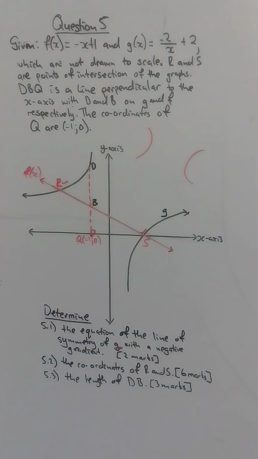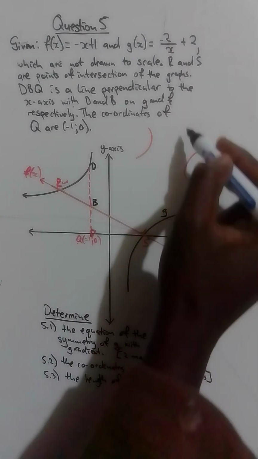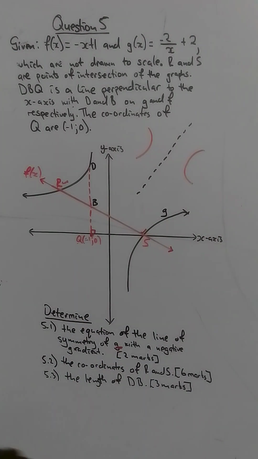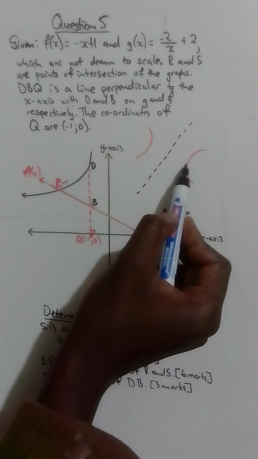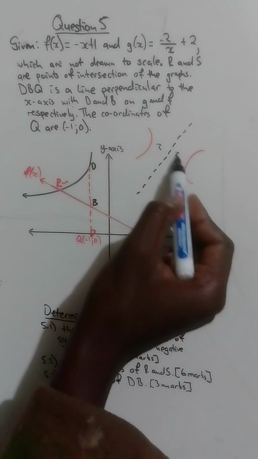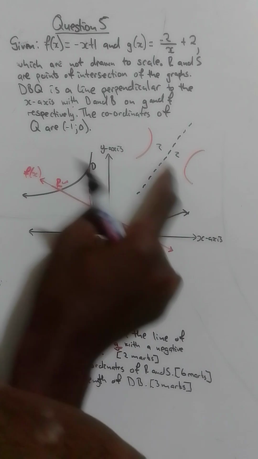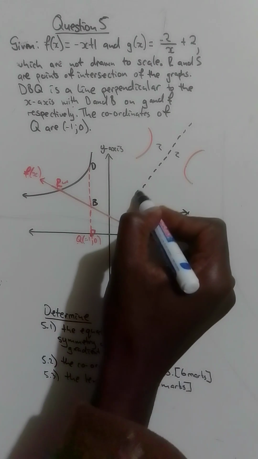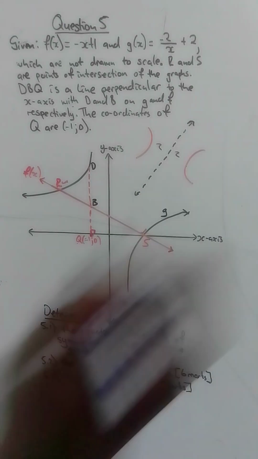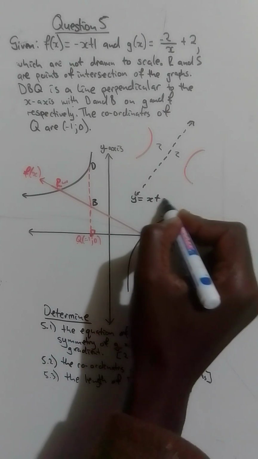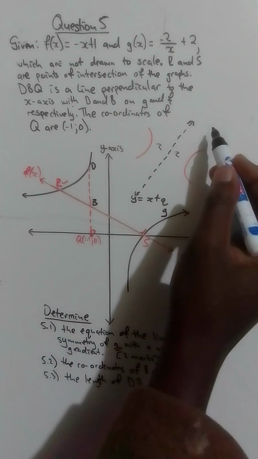So there is a line here which we call the line of symmetry, meaning that the distance from here to there and the distance from here to there, if from here to there it's 2, it means that from here to there also it's 2, meaning they are separated equally, right? So this line that I've drawn for you here, this line of symmetry, its equation is y is equal to x plus q, and it's increasing, right?